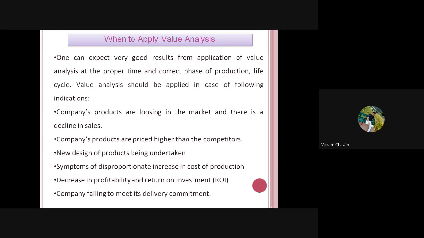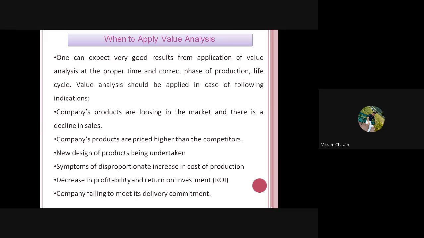Next one: company failing to meet its delivery commitment.